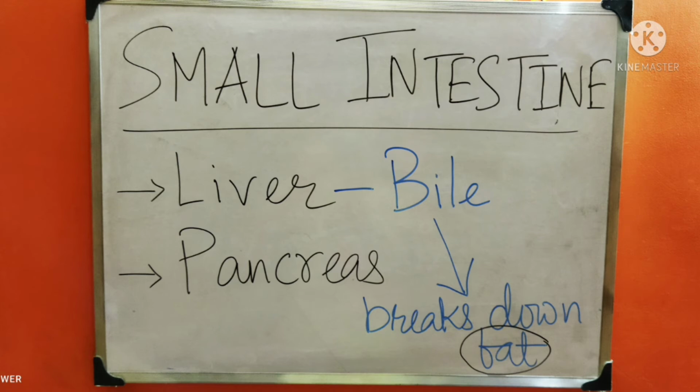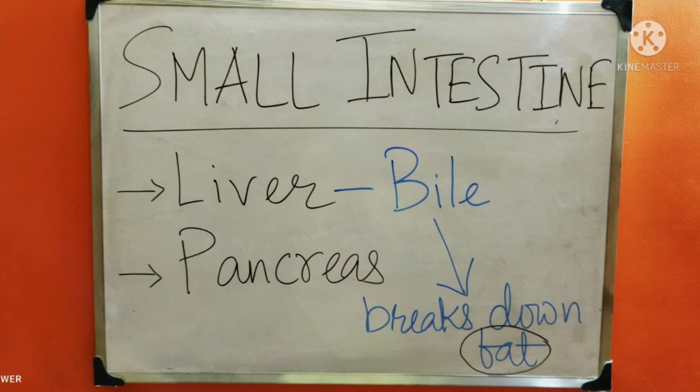The bile helps in breaking down the fats. So bile helps in breaking down the fat, whereas pancreas helps in digesting the carbohydrates, fats and proteins into simpler forms.